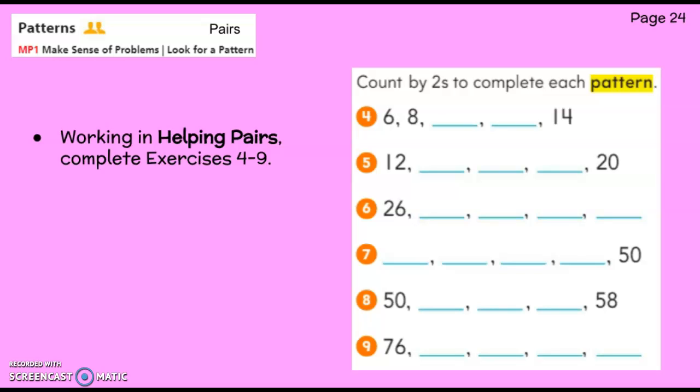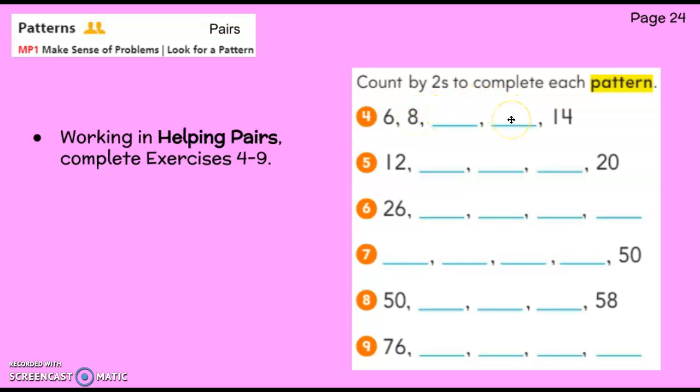Okay. So if you're with a group, then maybe you can work in partners and count by 2s to complete each pattern. But notice they don't start with the same number every time. So this is problem number 4 in the orange dot here, but we're counting by 2s: 6, 8, blank, blank, 14. So 6, 8, yeah, 10.